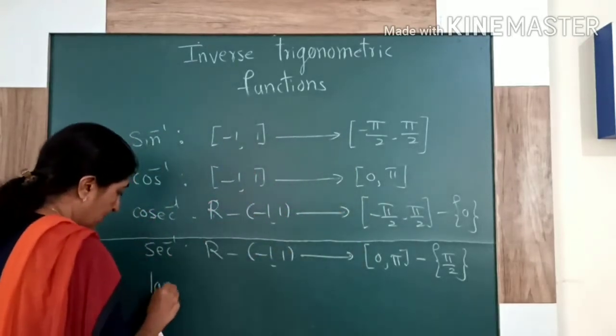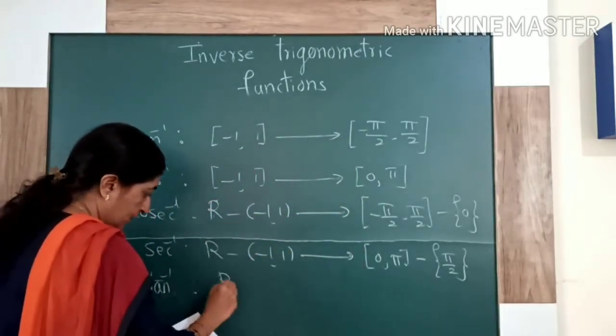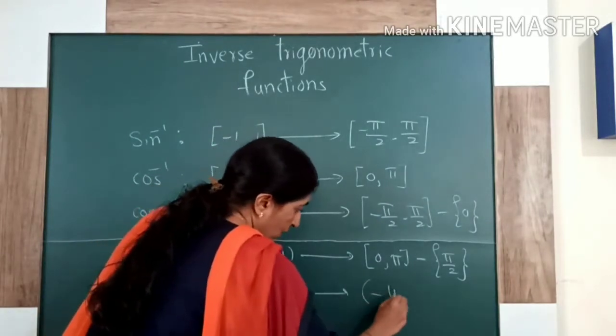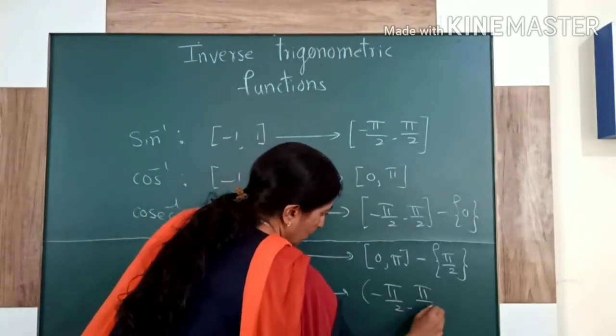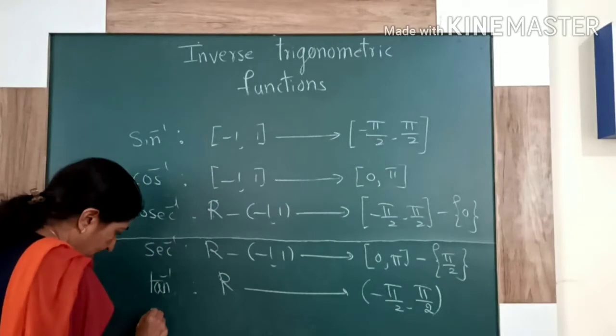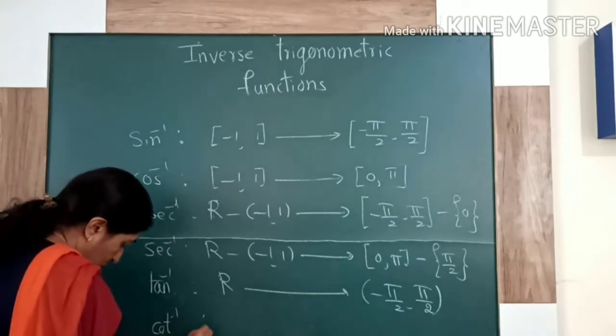And the next one is tan inverse, which is the set of real numbers to minus 90 to plus 90. R, and infinity to infinity. Cot inverse.